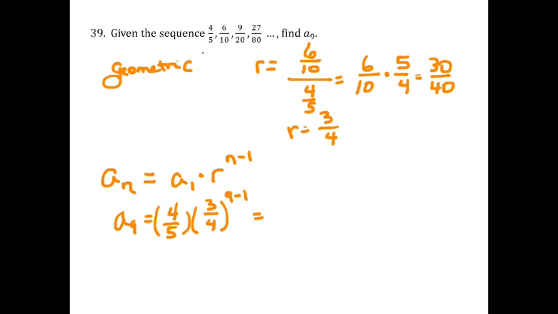And then if you put all of that into your calculator, it's going to give you the fraction 6,561 over 81,920, which is approximately equal to 0.08009. And so that would be the 9th term of that sequence.